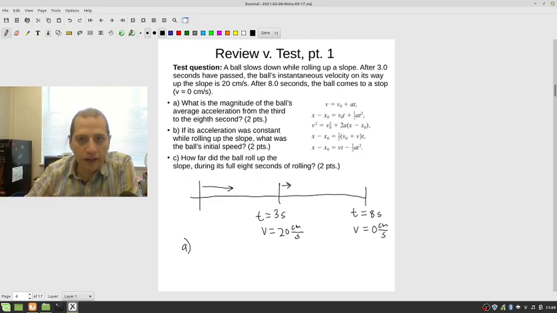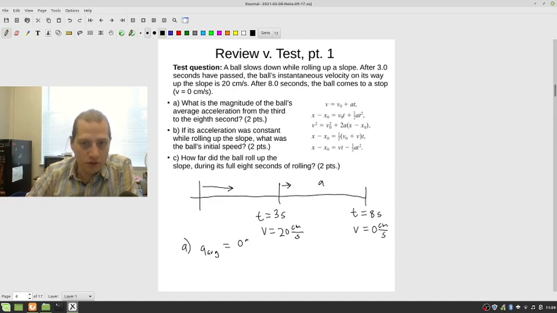You want to find A, and if you are just looking for average acceleration, that is just going to be the final minus initial velocity over the final minus the initial time.